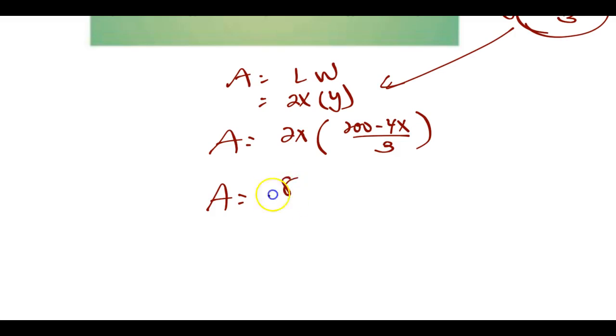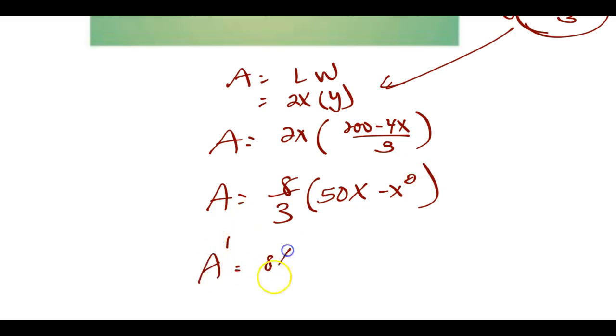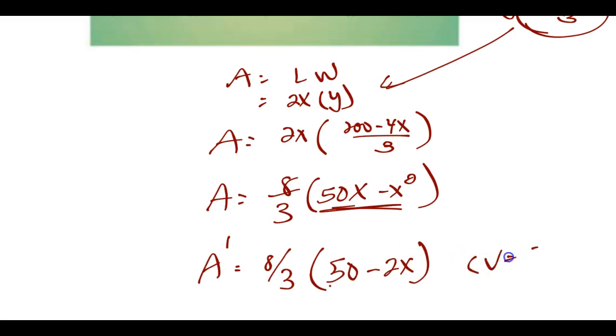I don't know if you'll buy that this is more simplified. I think it is, because 8/3 is just a constant, it will just pop out. So this will be 8/3. The derivative of this is 50 minus 2x. So my critical value is 25.